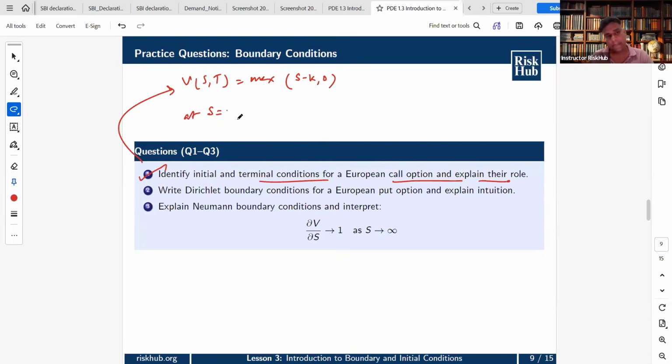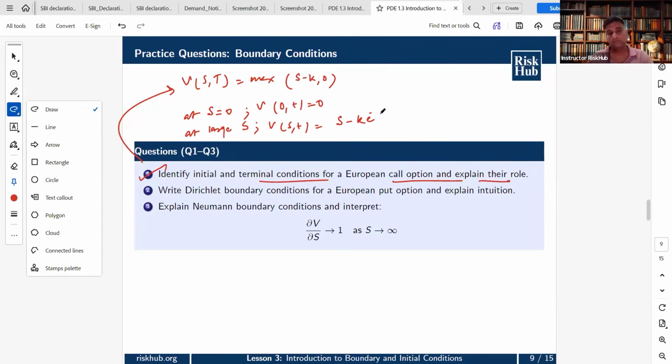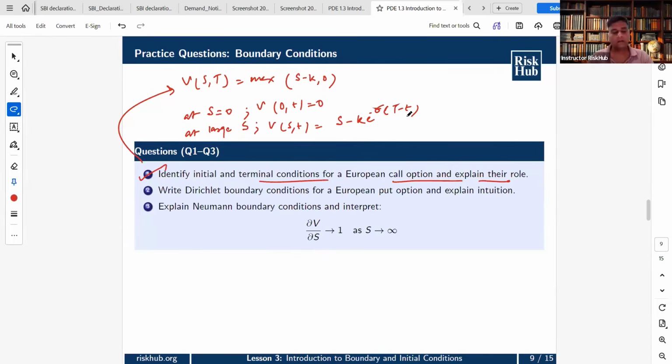At S equals 0, V(0,T) equals 0. At large S, V(S,T) tends to S minus K exponential minus r(T minus t), right?